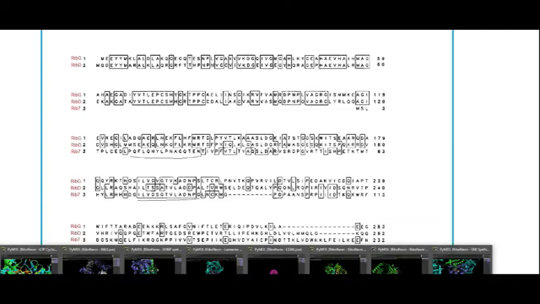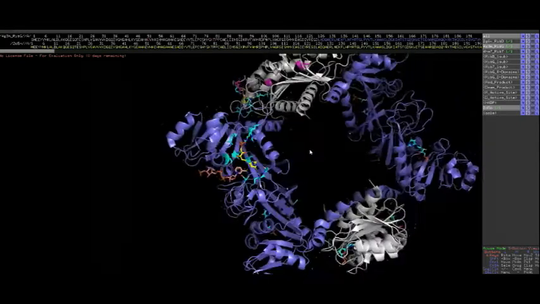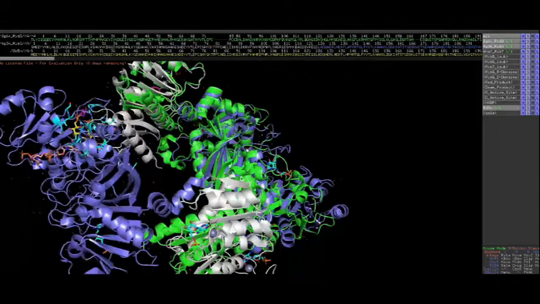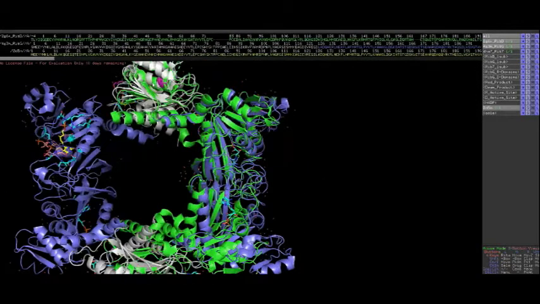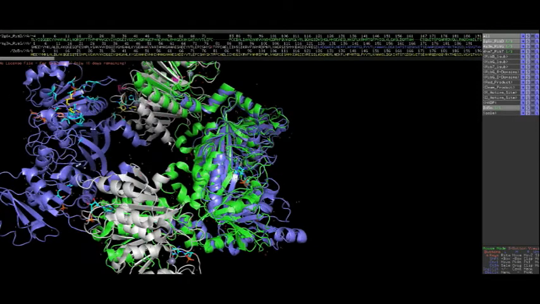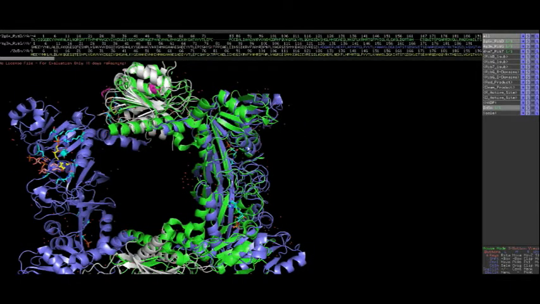And so I have the structure of them here, and this is the RibG. The RibD I can add in here, and that's in green. So we can see that what's in white is the deaminase part of the enzyme, and the green also contains that, and then the purple is the reductase part.